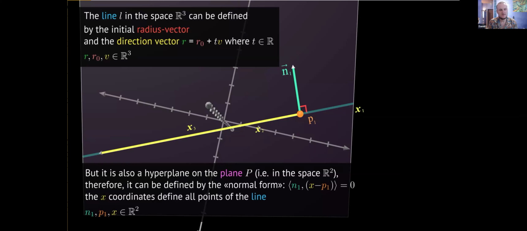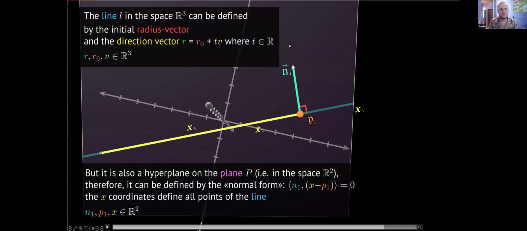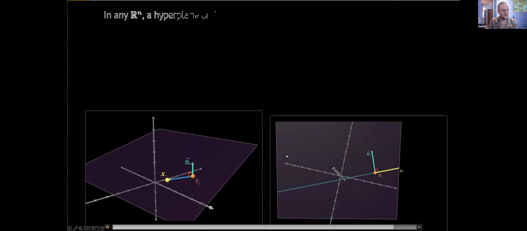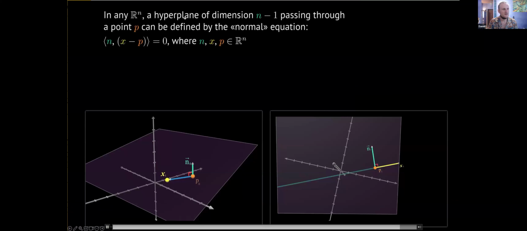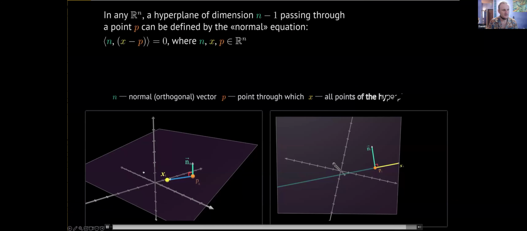And it's not really important, because if you have a vector that is not of unit length, you can always scale it down or scale it up to make it unit length using dot product, by the way. So a hyperplane has the same normal equation, normal form, for any Rn, right?